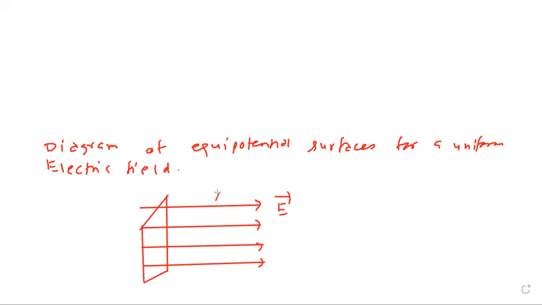But because the field is constant, we have got many equipotential surfaces. Draw the diagram showing equipotential surfaces. These two planes are equipotential surfaces because E is perpendicular to the direction of field.